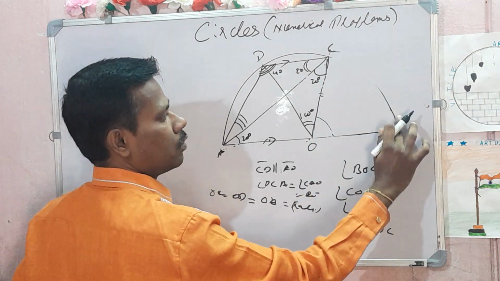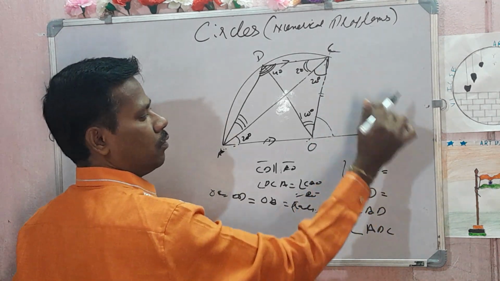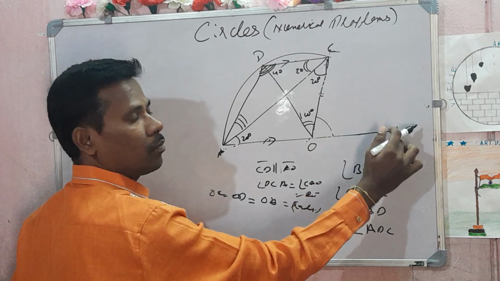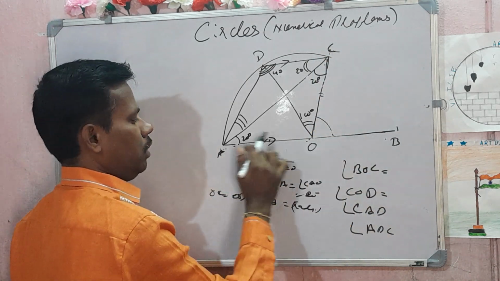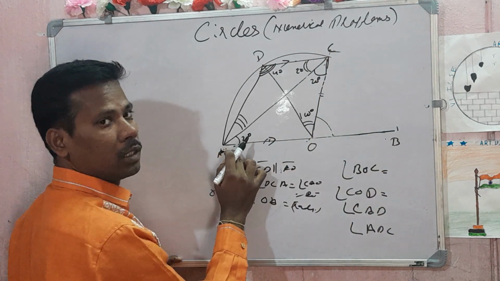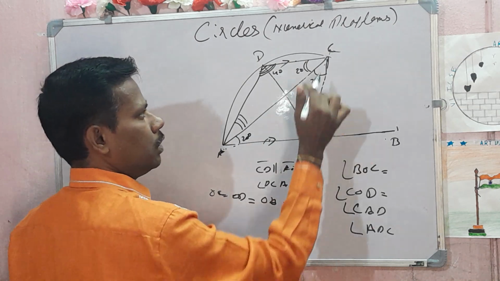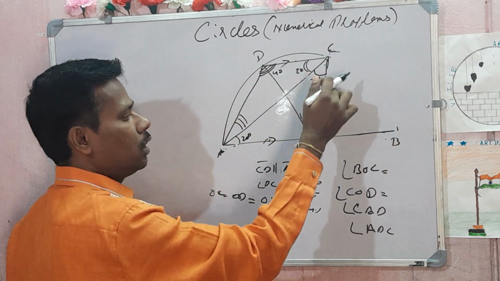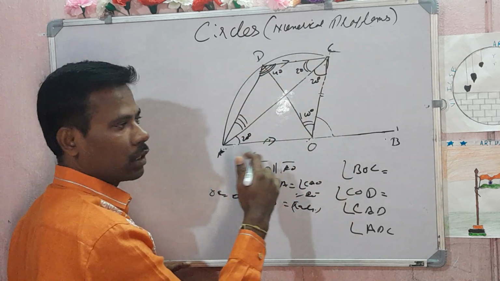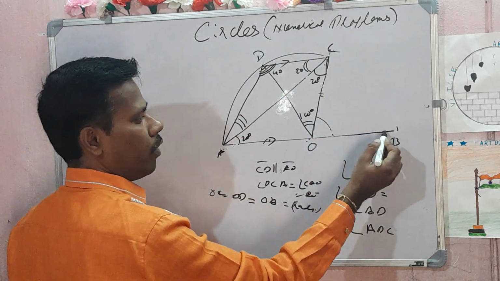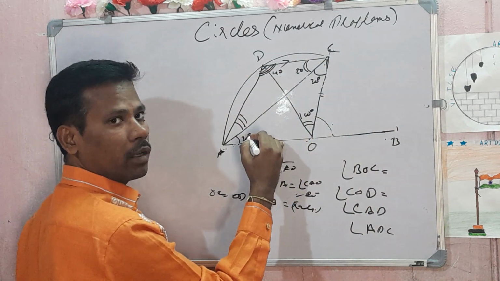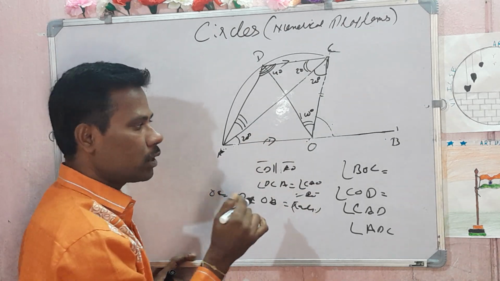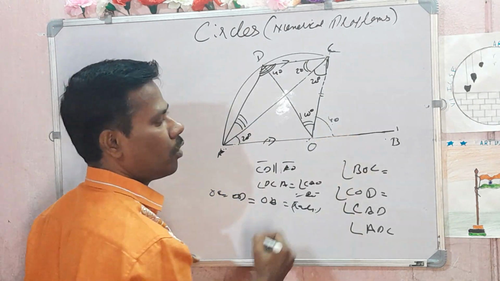They are lying on the same arc, right? This angle is lying on this arc and BAC is lying on this arc. So here angle formed at the center of circle is double the angle formed at any point on the remaining part of the circle. If this is 20 degrees, so this will be 40.